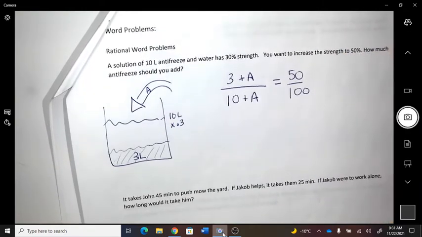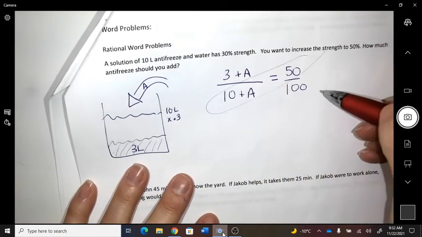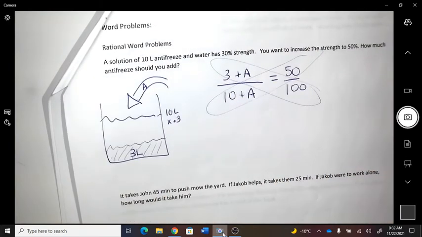So we can instantly write that over 100. Okay, that's our setup. Now we decide our strategy. So cross multiply or common denominator. So we should pick cross multiply.